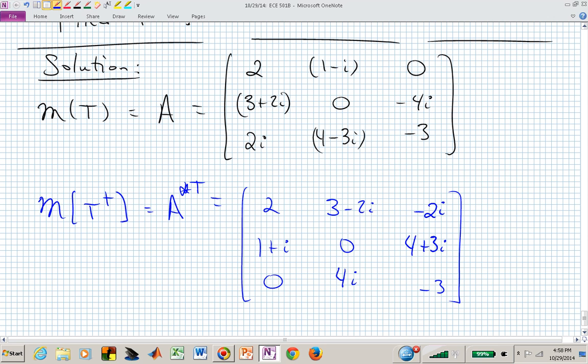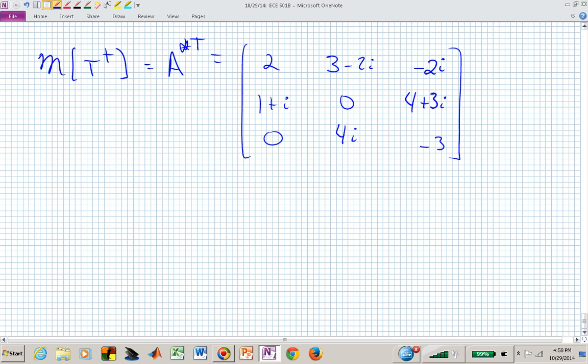Is that okay? Now can we write down the linear map associated with the adjoint of T? So if I said, let's operate on a vector x, y, z, a 3-vector, with the adjoint, what is in the first coordinate of that result in terms of x, y, and z?